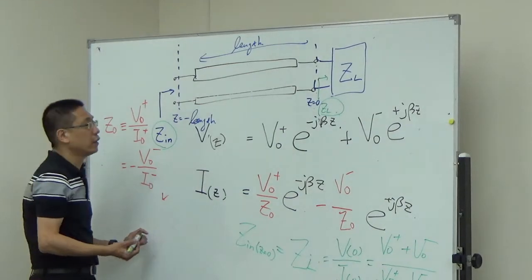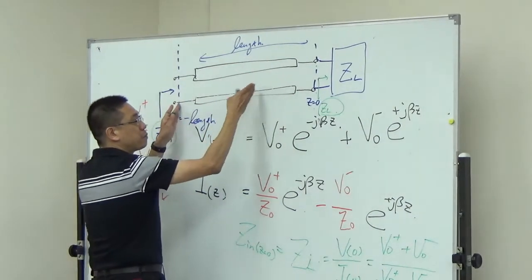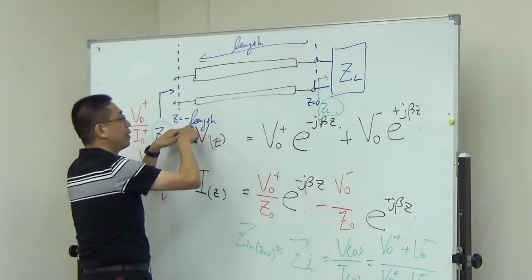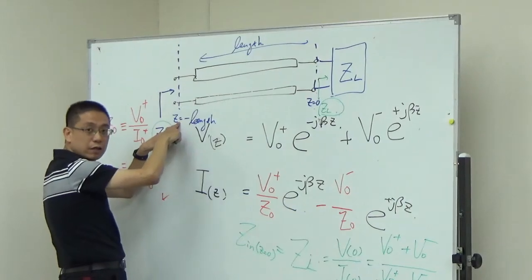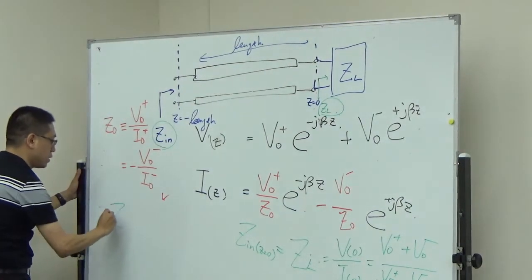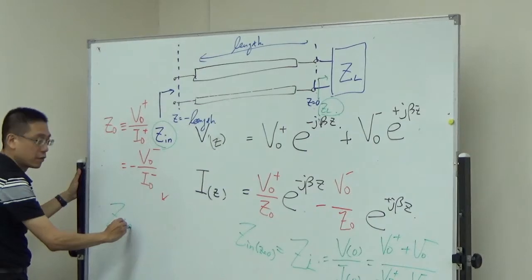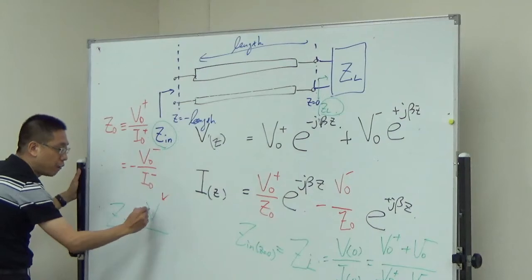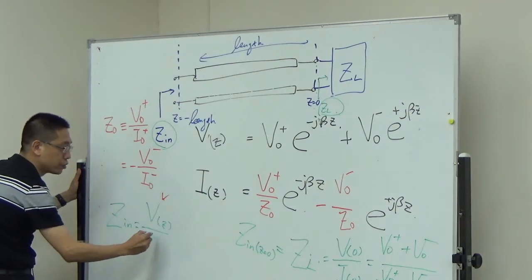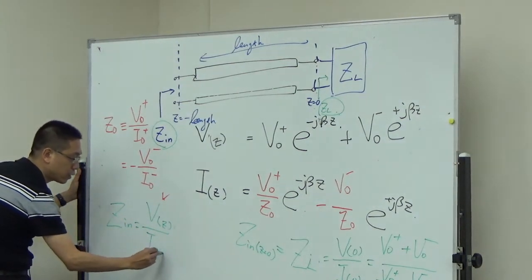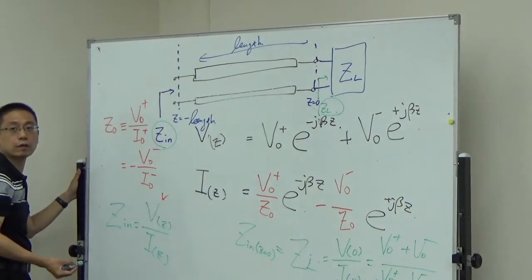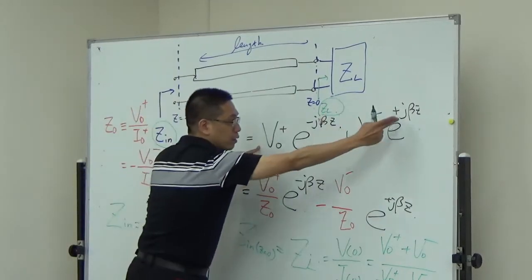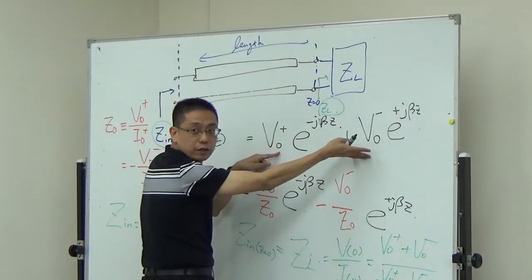Okay? For any position with the transmission line length equal to z, Z in will equal the total voltage over the total current at every position. For V(z) it is exactly this equation.